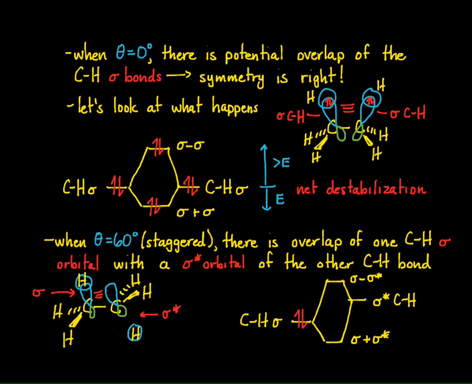What happens then when those two mix is my bonding orbital gets the two new electrons, and my antibonding orbital has no electrons. Therefore, there is a net stabilization from the staggered bonds. So in essence, the sigma bond of a carbon-hydrogen can actually interact with the sigma star of the other carbon-hydrogen when it's in that orientation.